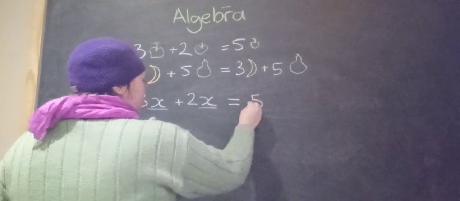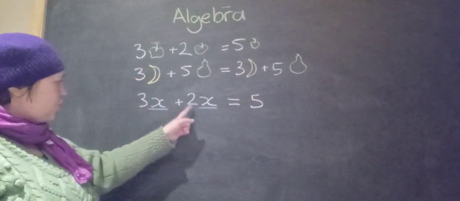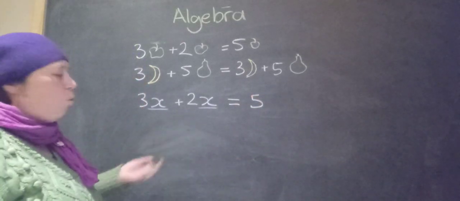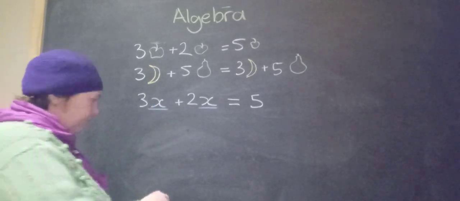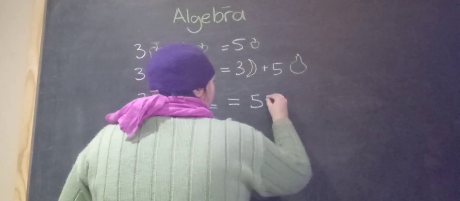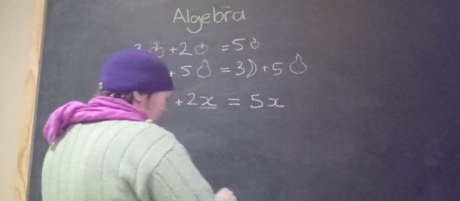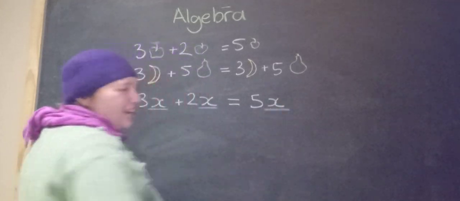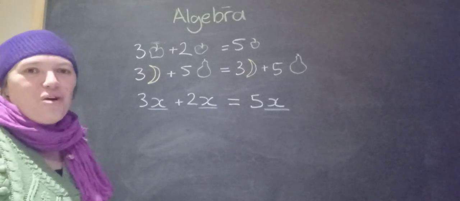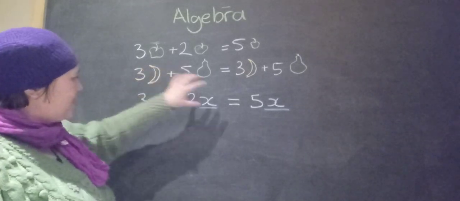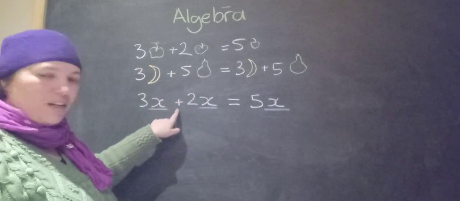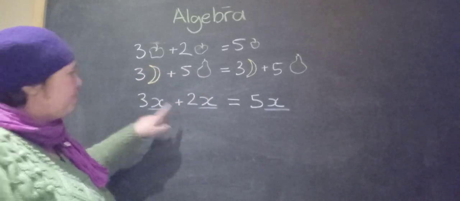So then we say 2 plus 3 is 5. 5 of what? 5 of that stuff. So don't think about, ooh, there's letters in my maths. It's just stuff that we don't know what it is. So it has to be the same, otherwise we can't plus or minus.